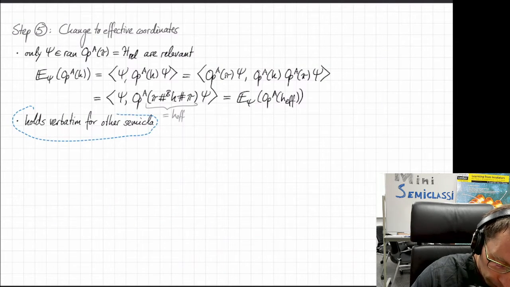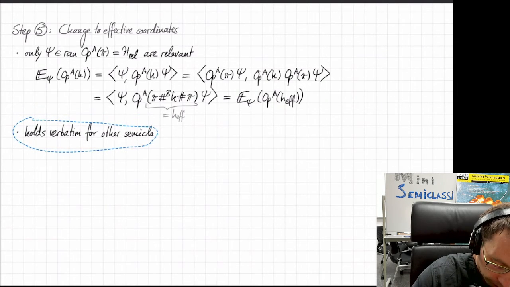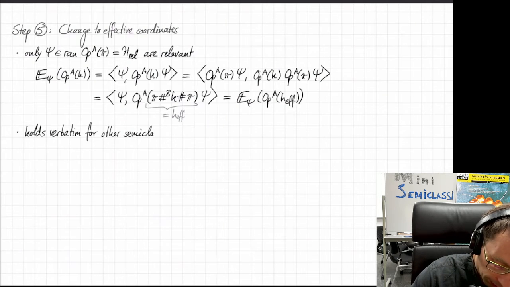Two particularly important semi-classical observables are called, well, position and momentum.